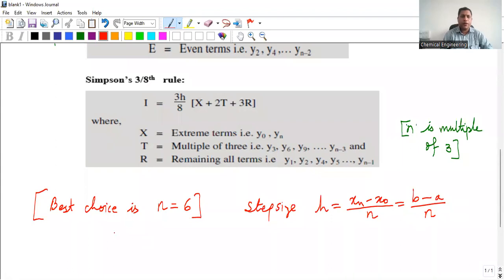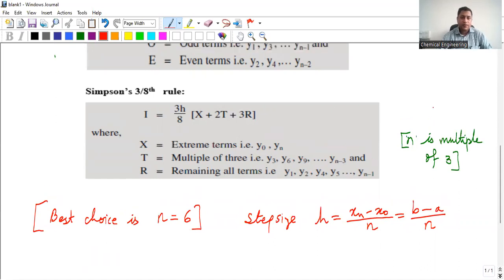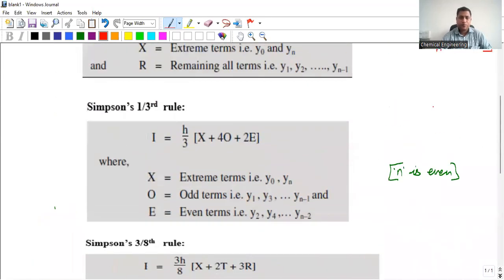Here n is the number of subintervals and h is the step size. If we know the subintervals, we can calculate the step size. If we know the step size, we can calculate the subintervals. Is there any doubt in these three formulae?